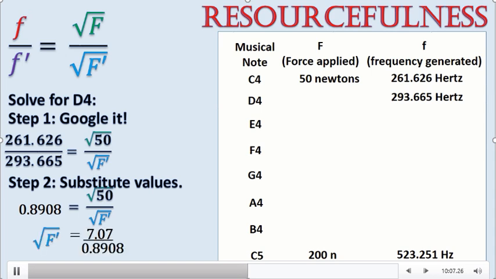This gives us 7.9366. Then by squaring both sides of the equation to eliminate the square root over F, we have 62.99 newtons as the force F. That means I have to hit the string that hard in order to get the sound of D4. We supply the found solution on the table.